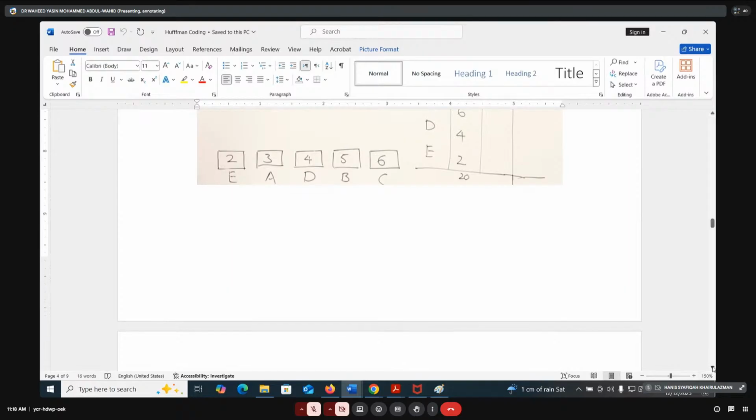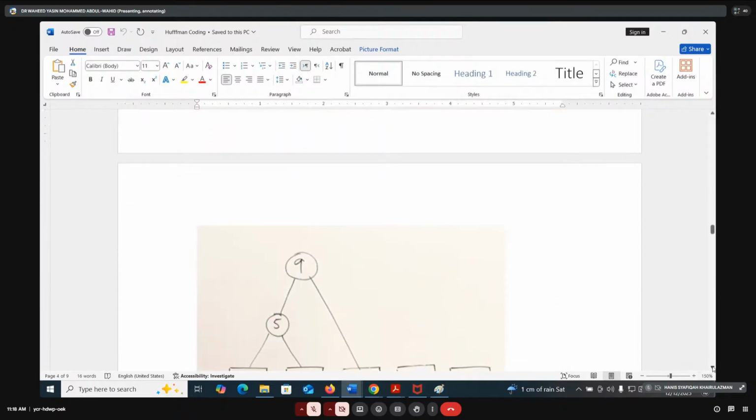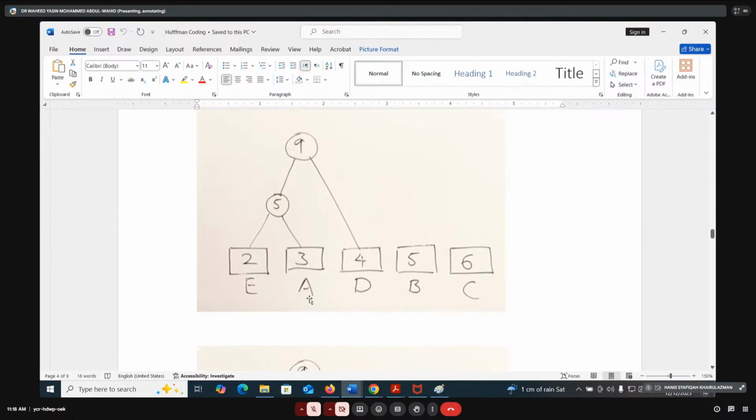What are the minimum nodes to connect? 2 and 3 is 5. Here 3 and 4 is 7, 4 and 5 will be 9, 5 and 6 will be 11. So here 2, 3, 5.